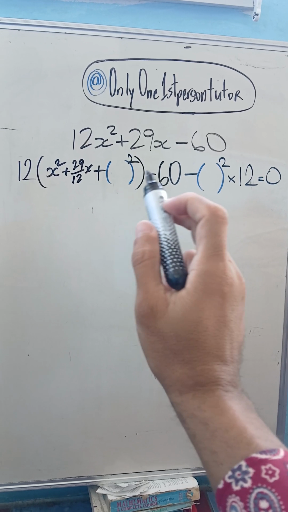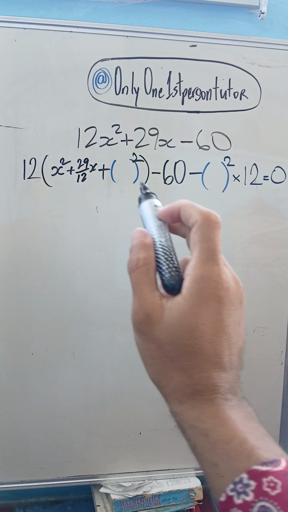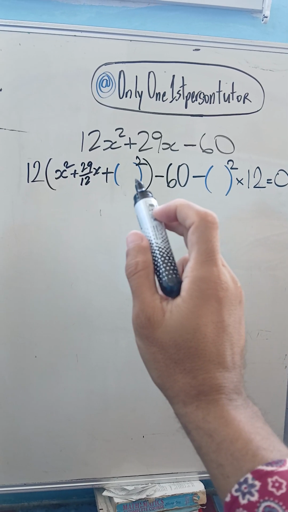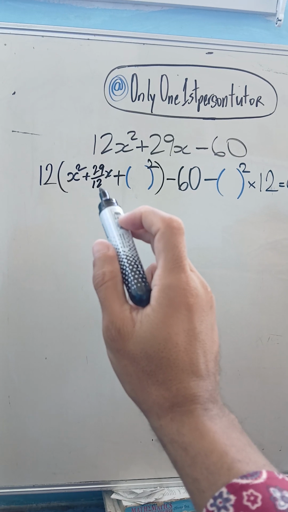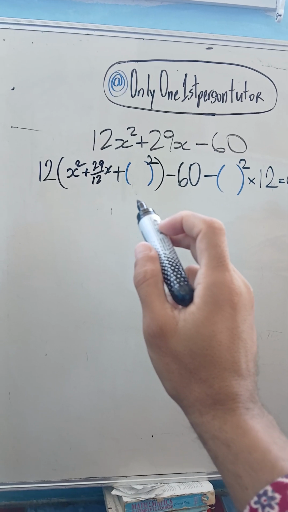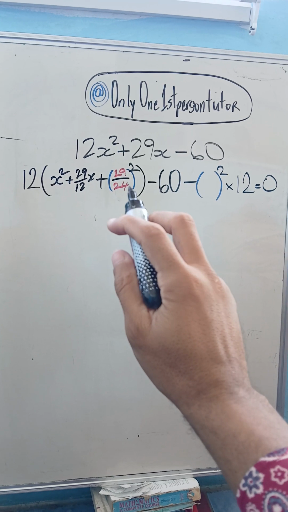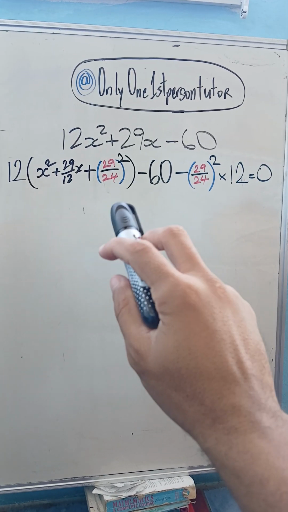What goes here is going to go here. So let's do this first and then copy and paste. Right? So what do we put here? Let's take the denominator, add it to itself, and then the numerator will stay without the x. Okay, so if this is 29 over 24, copy and paste.